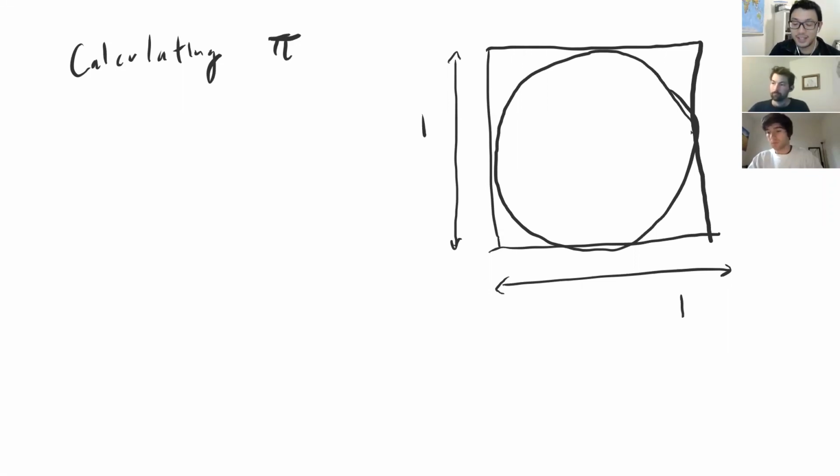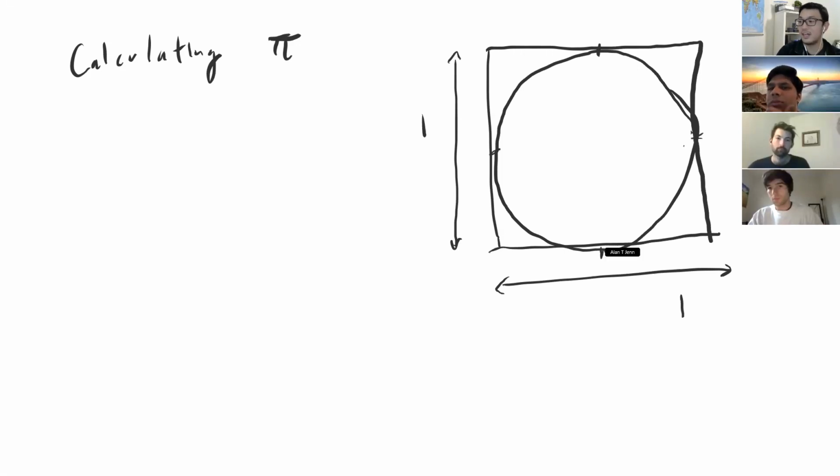Let's see. So what do I know about this circle? The circle itself is contained within the square where your edges are connecting here, which means that I know the diameter is equal to 1. And so one of the things that I can calculate is the area of the square, which is equal to my length times width, which is just 1 times 1, which is equal to 1.